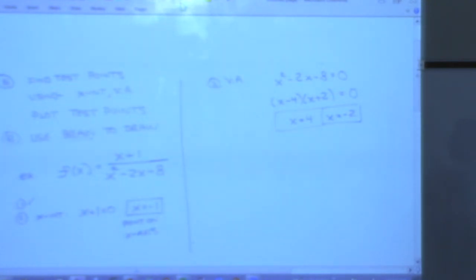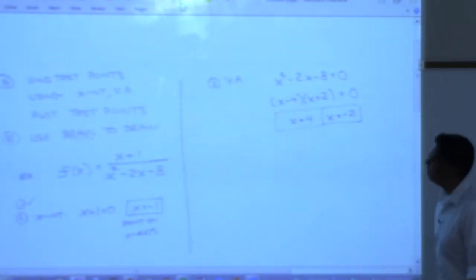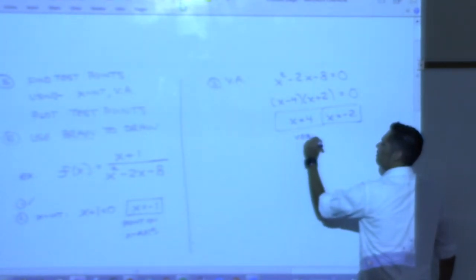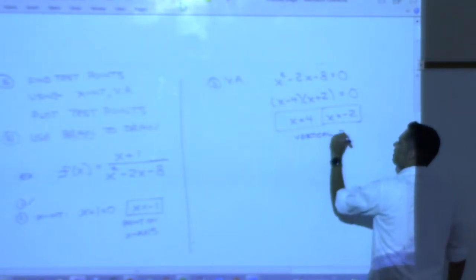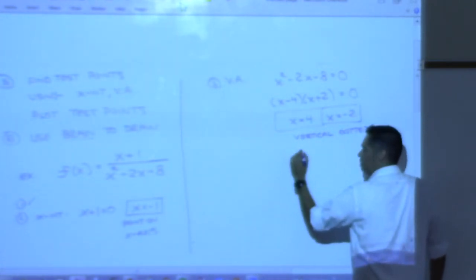Oh, wait, I need to talk about these. What are these? This was a point on the x-axis. What are these? These are those vertical dotted walls or barriers.